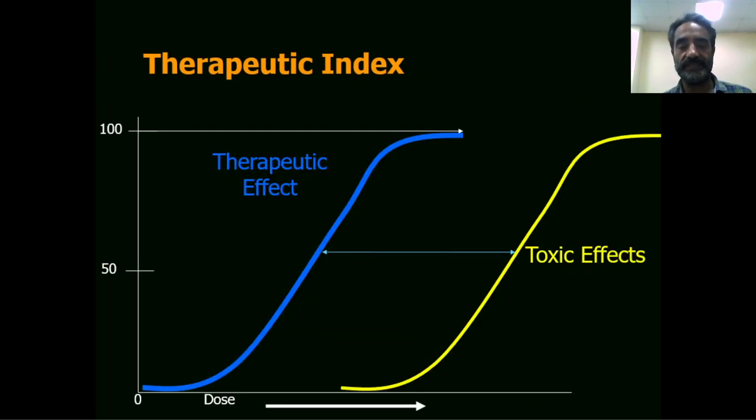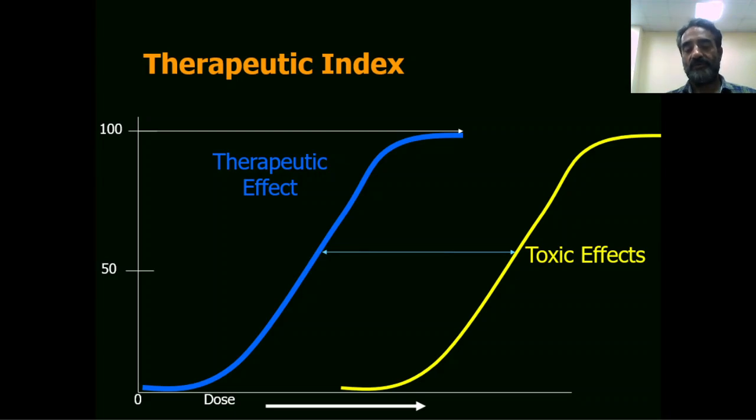So here we can see it. For a particular drug, the therapeutic effect curve is shown. It is the same thing as the dose response curve. The therapeutic effect curve is shown in blue over here. Now another curve is shown which is showing the toxic effect of the same drug.